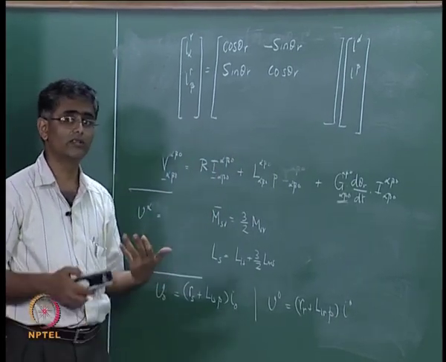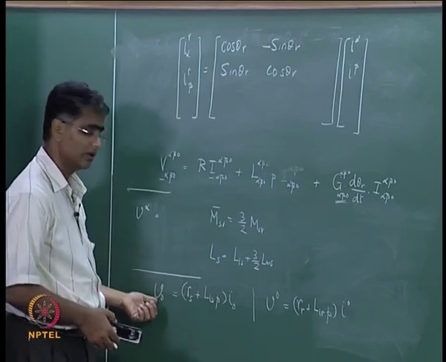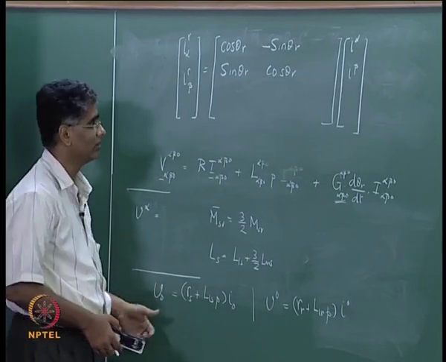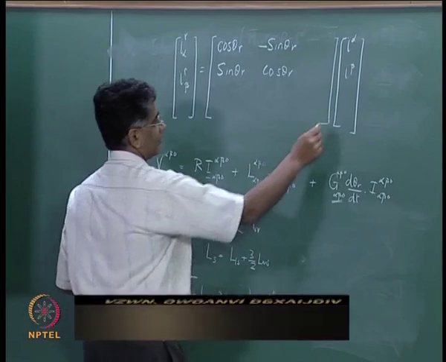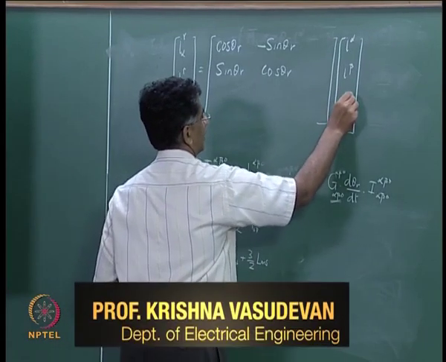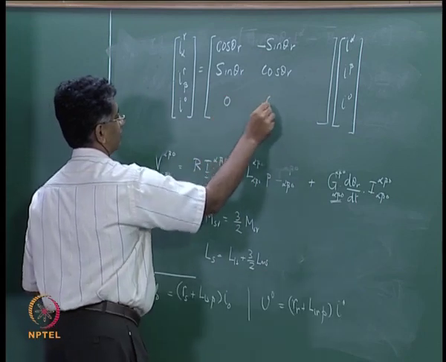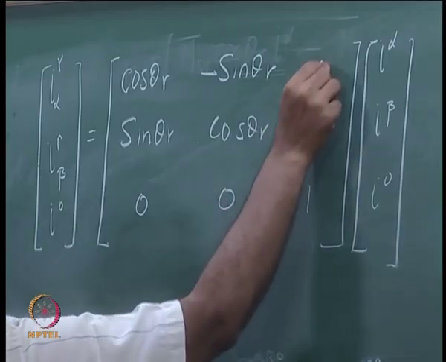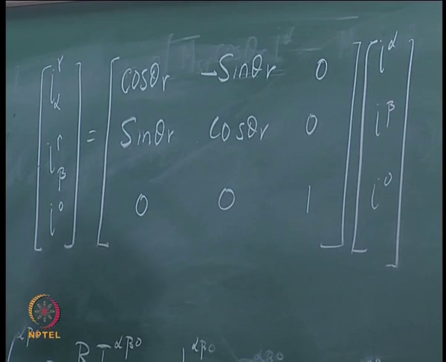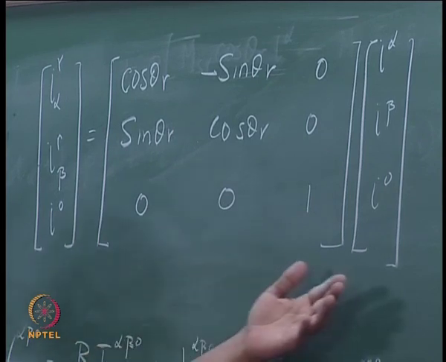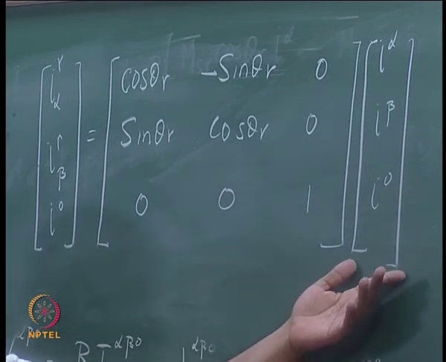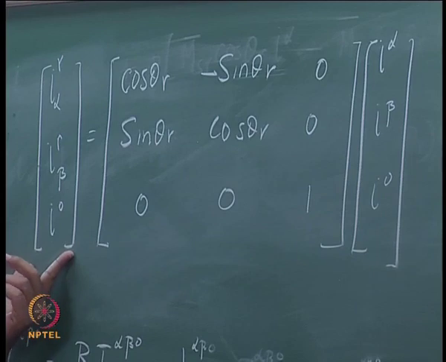How do we deal with the other term, which is V0 or I0? We do not do anything to that, we keep the I0 term as it is, and therefore this would be 0 0 1 and 0 0 here, and therefore this equation now defines a relationship between the alpha beta reference frame and the pseudo stationary reference frame.